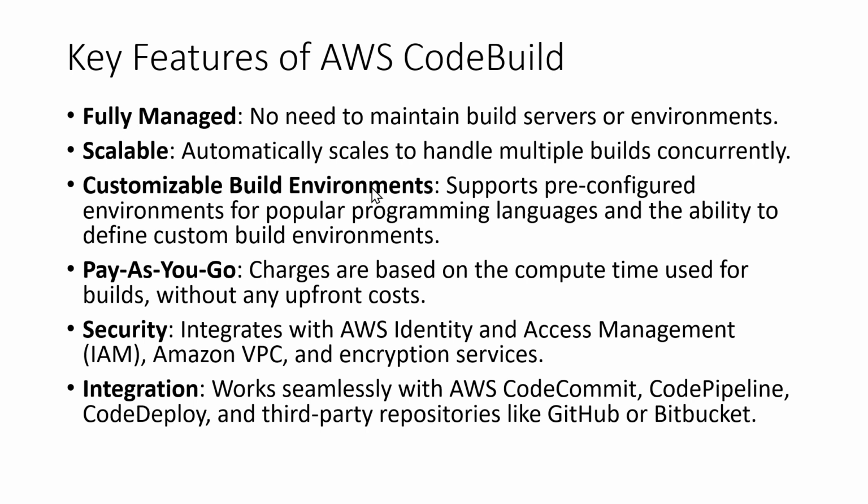So when the codes are more, or the libraries are heavier, or the requests or commits happen more often, to process those builds we might require additional infrastructure. It's completely managed by AWS, so they're going to scale up automatically whenever required.